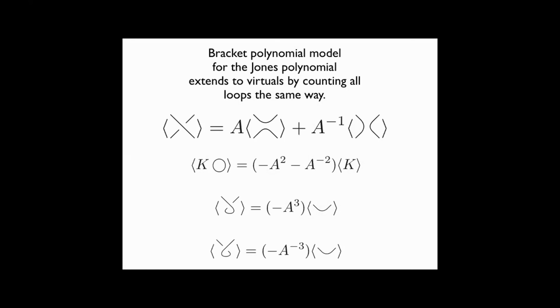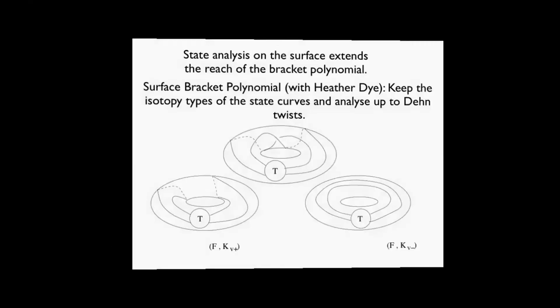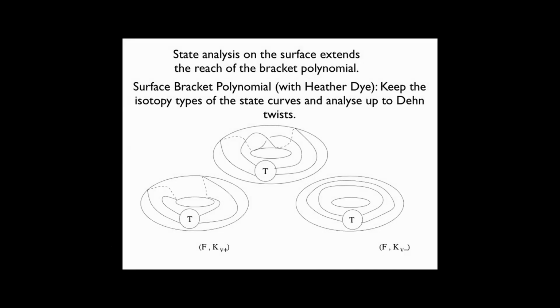Now I come back to the bracket polynomial again, and I remind you, as we had constructed it, that these are our final values, right? The loop is this, and the curls behave that way. And you can do the bracket polynomial on a surface if you want to.